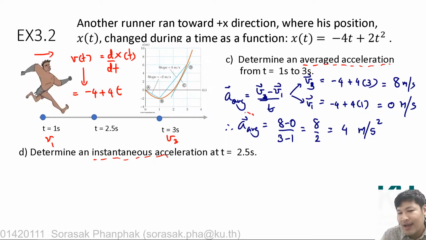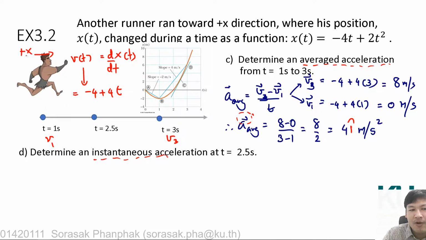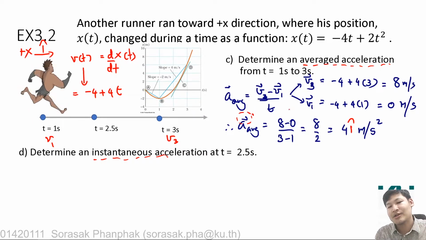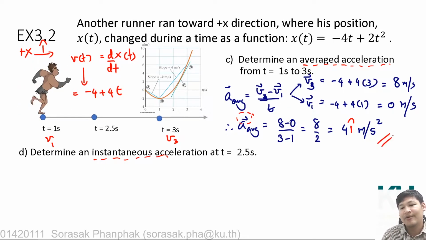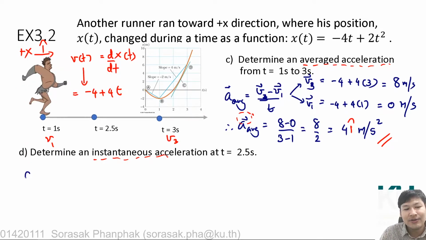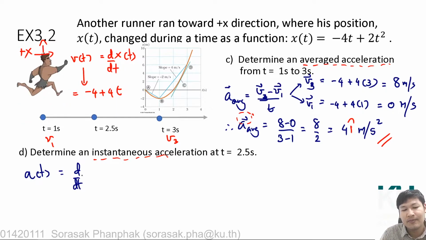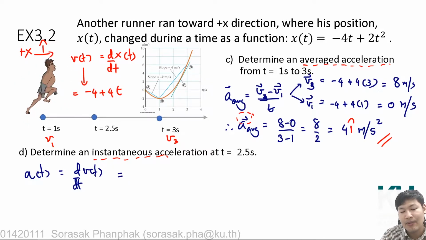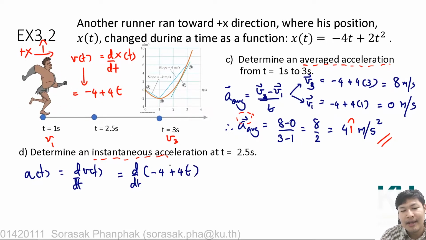If you would like to define it as a vector, put the direction to it, because it is moving forward in the i-hat direction. So this is your average acceleration. But if you would like to determine the instantaneous acceleration, as you know from the definition, you differentiate v(t) with respect to t. So I write down the v(t) we have above, minus 4 plus 4t, and differentiate it.